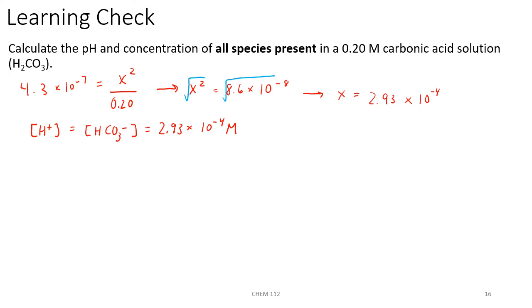And our concentration of H2CO3 is going to be equal to 0.20 minus x, which will be 0.20 minus 2.93 times 10 to the minus 4th, which comes out to approximately 0.20, very close to that, 0.199 molar.